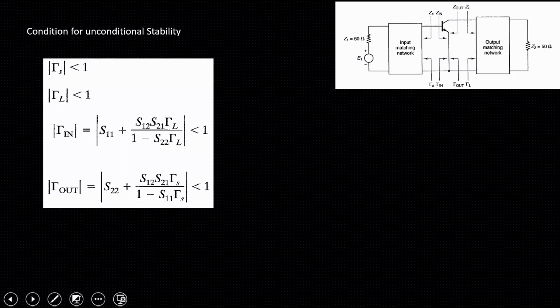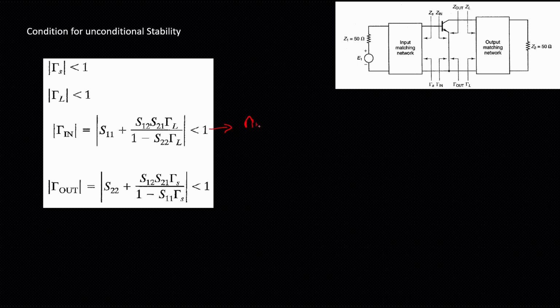Now we'll try to do one thing. From our flow we know that if our device is not unconditionally stable, then we try to avoid the unstable region. To avoid the unstable region, you need to see one thing.